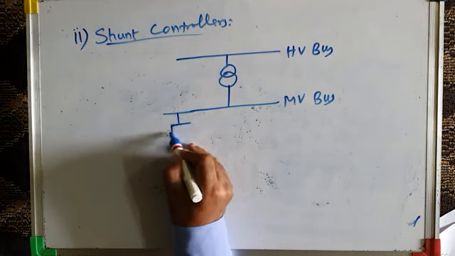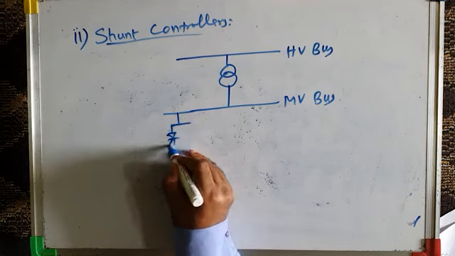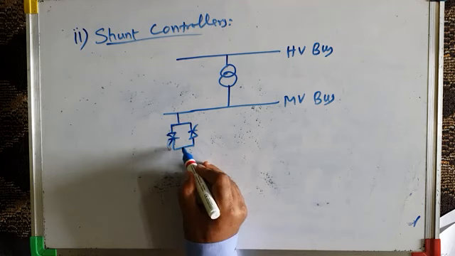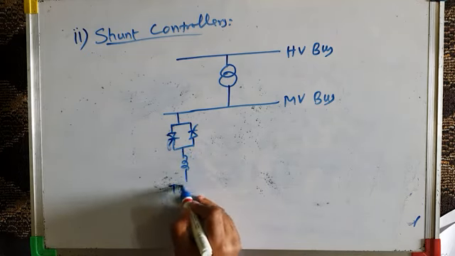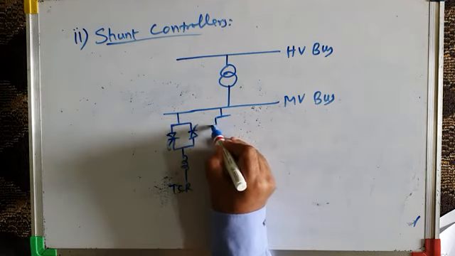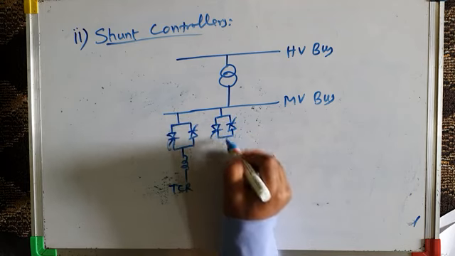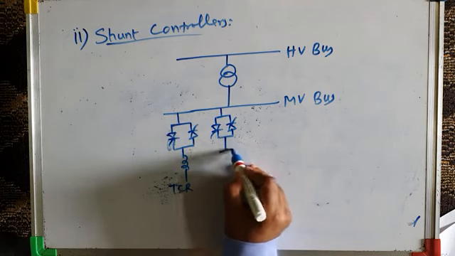Let me show various components. This is a thyristor bidirectional switch, anti-parallel connected thyristors or SCRs like this. This is called a thyristor controlled reactor, TCR. And then we have another element like this. Again, two anti-parallel connected thyristors or a bidirectional thyristor switch and a capacitor.